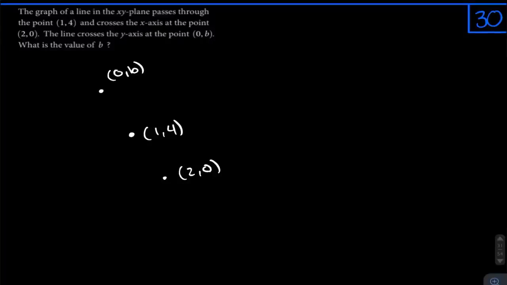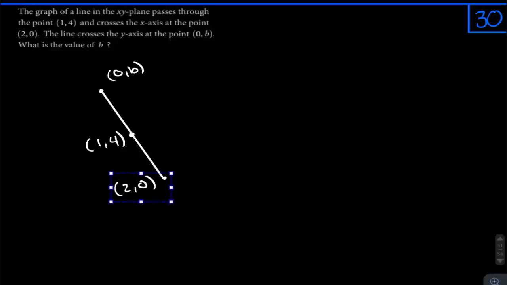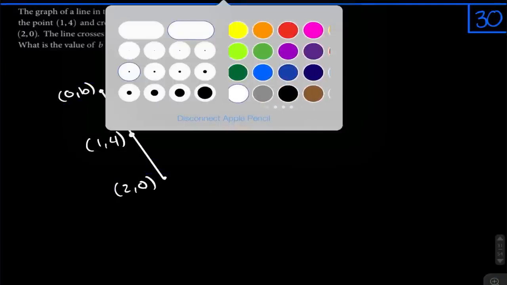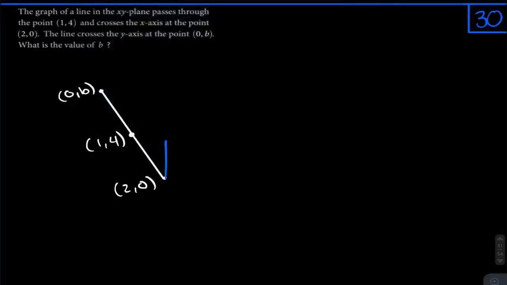So this is just a line, right? And this is actually going to be pretty similar to one of the problems we had before. This is just going to be rise over run, the same idea. If I just move all these over here, to get from here to here, we had to move upwards by 4 and move over by -1.